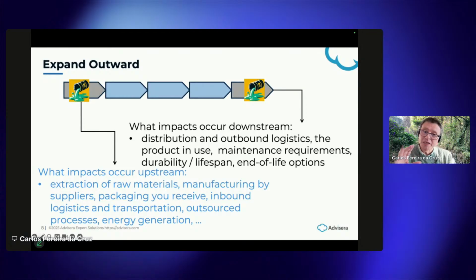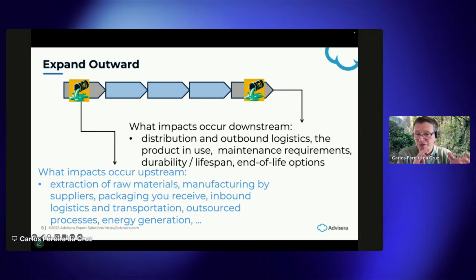So these may be upstream or downstream, but you still consider whether you can influence or prepare for them. Okay, so all activities upstream, your own operations, and downstream have aspects and impacts.